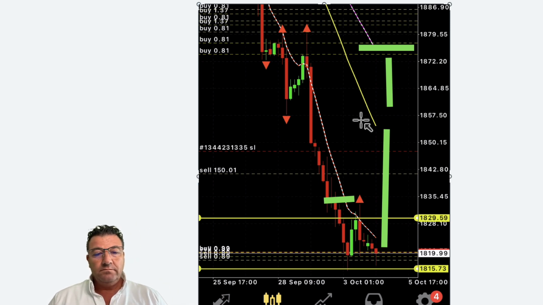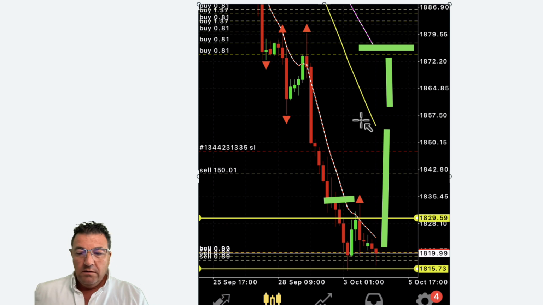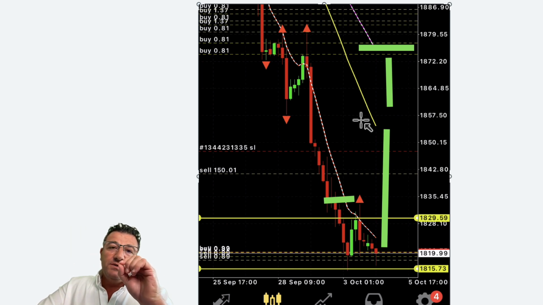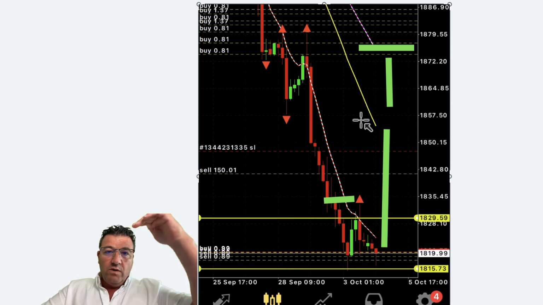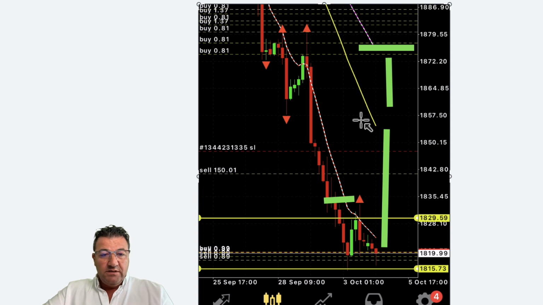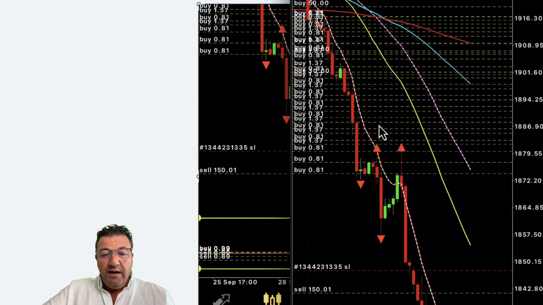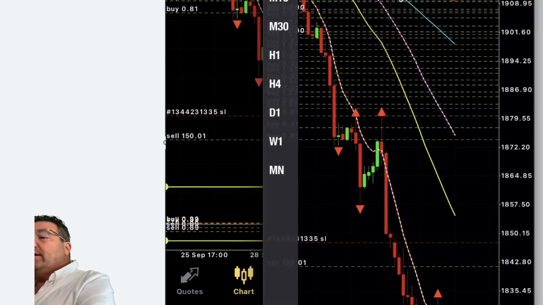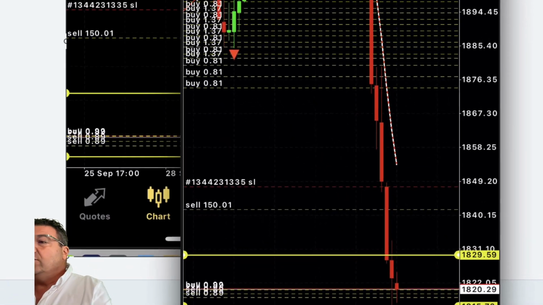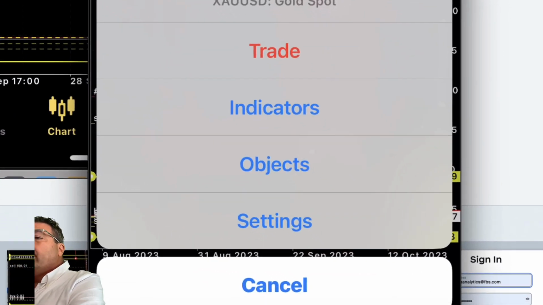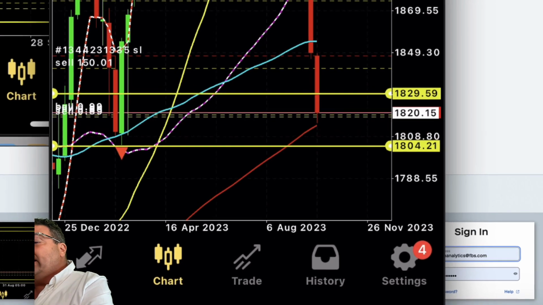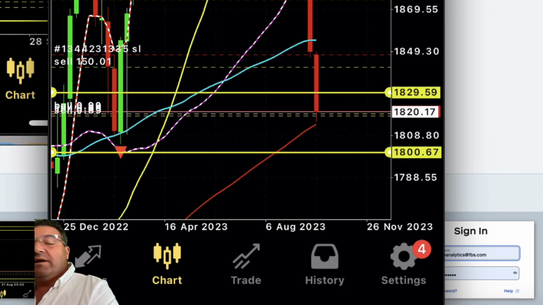So I'm going to put in a take profit to get rid of the hedge. But you're only going to put in a take profit once it starts going south properly. It needs to really go down to 1800. It needs to cruise down to 1800. Once it cruises down to 1800, then you can put in your take profit.